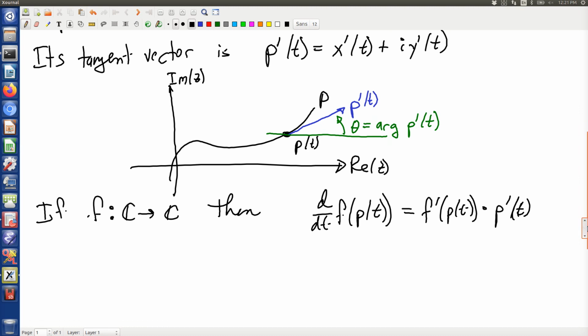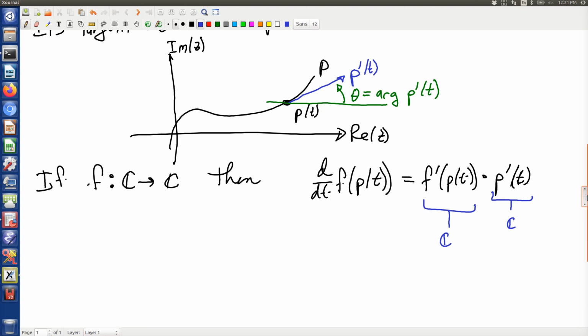And as before, p prime of t is also a complex number, as is f prime. One thing you should now realize is multiplication by a complex number does two things: rotation and scaling. Those are the two things that give rise to a conformal mapping, provided this guy is not 0.